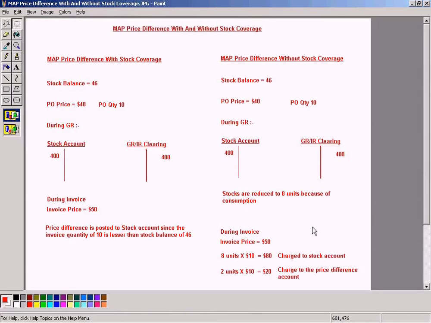Okay, so the system will always check the stock availability when it posts the invoice.